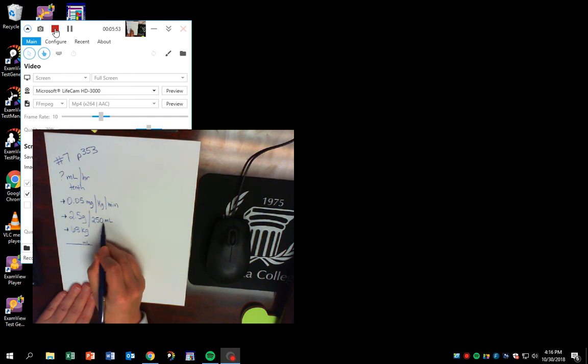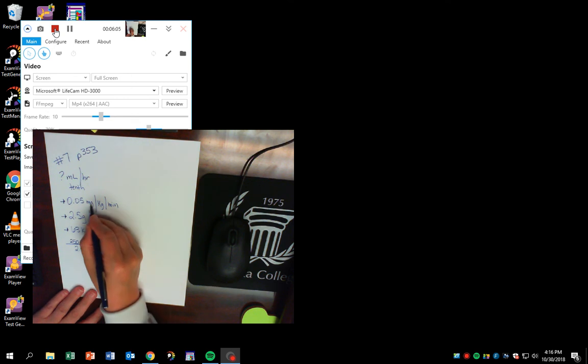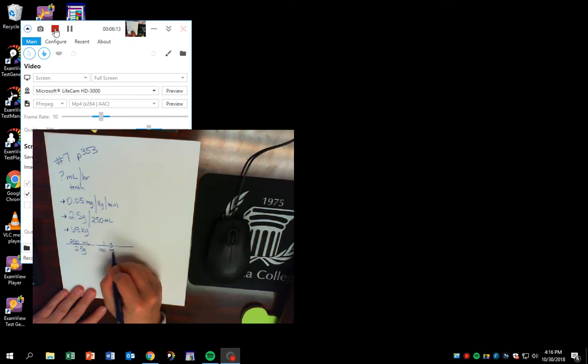So milliliters, here was our 250 milliliters over 2.5 grams. If this is grams, we have to have grams next. So I look up here and find, oh, I need to go from grams to milligrams. And I know in 1 gram there are 1,000 milligrams. If this is milligrams, I have milligrams next.